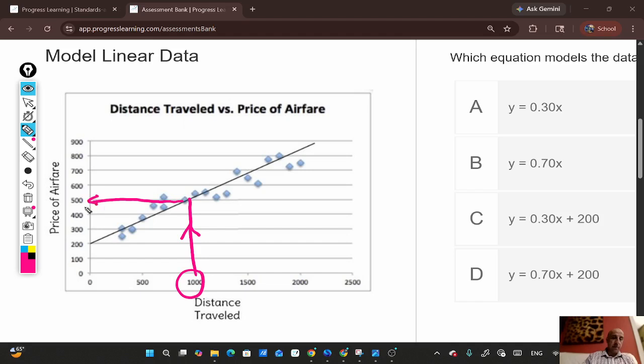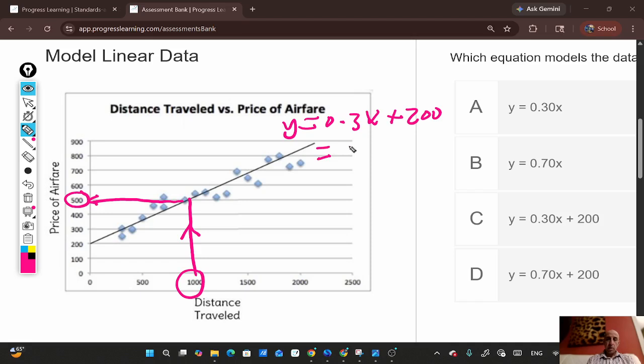So the y value is 500. Here we can use the first equation, y equal 0.3x plus 200, which is 3 over 10 multiplied by 1000, added to the 200.